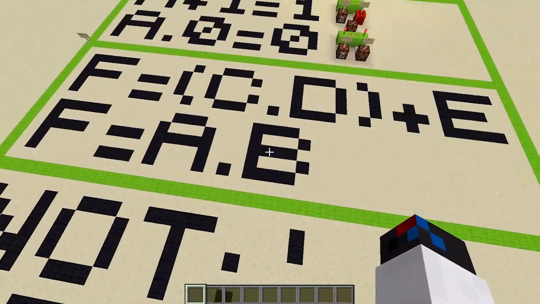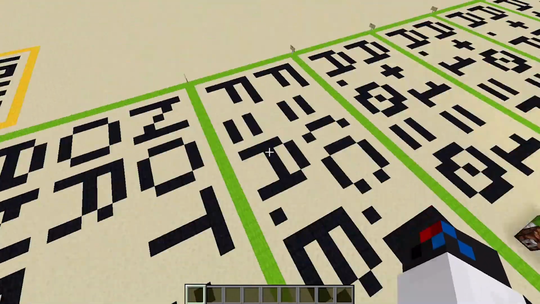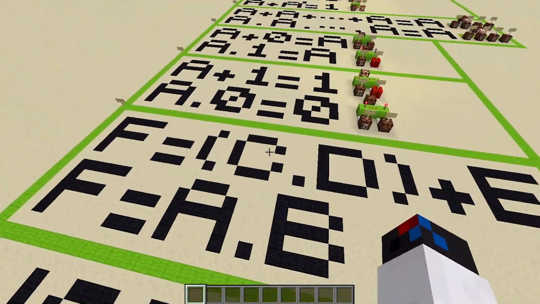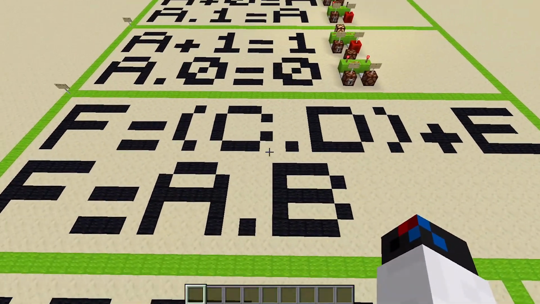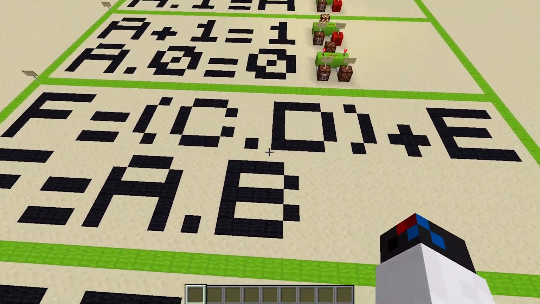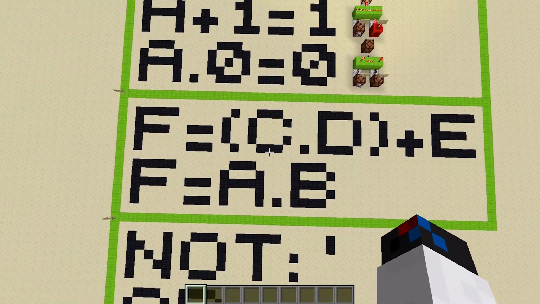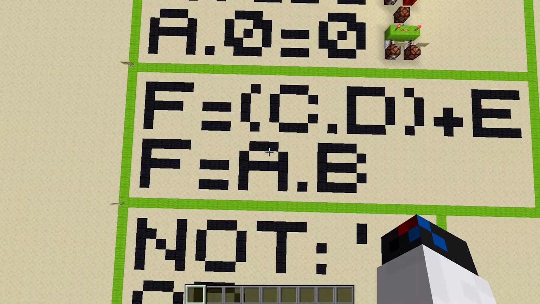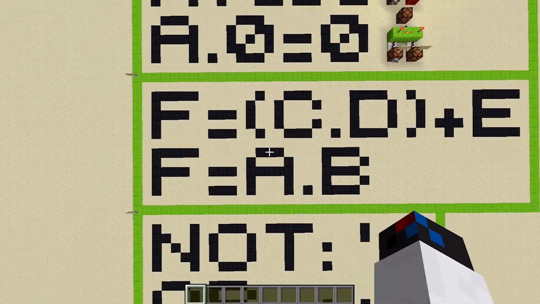So I have here a, b, c, d, e, and also Boolean operations. So the input of a function is a combination of Boolean variables and Boolean operations as well. I have here two examples, so you can see what typical Boolean functions look like, and they look like this.